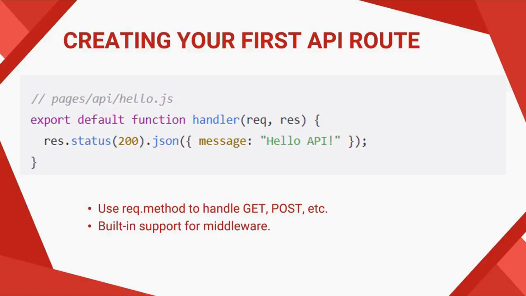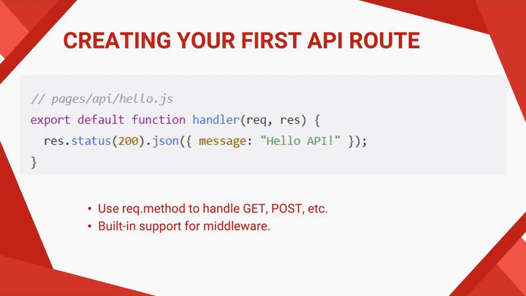Export default function handler with request and response. The default export is required. req is the request object and res is the response object, like in Node.js and Express.js. res.status(200).json with message: hello, API is there. Now it sends a response with HTTP status 200 and a JSON object containing a message.